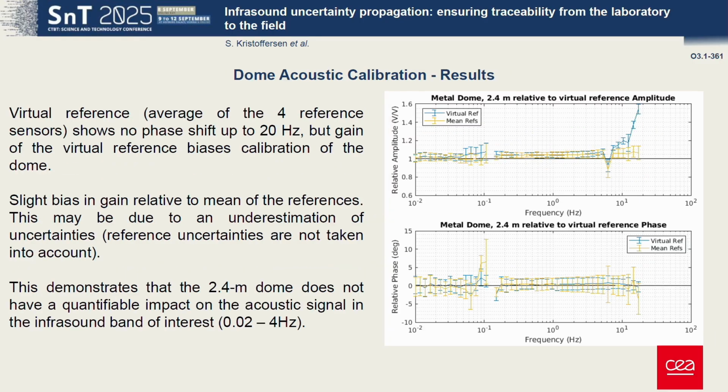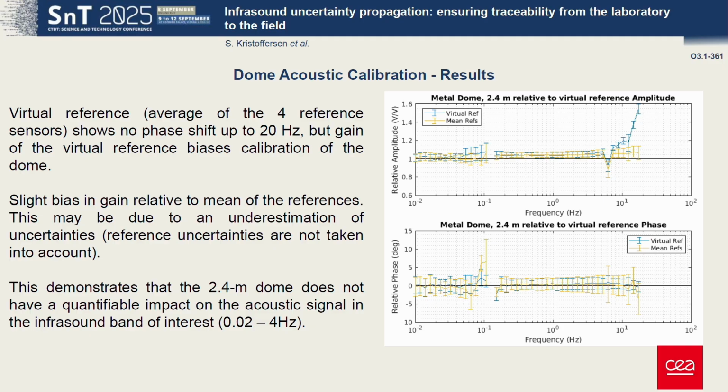The next step was to look at this same dome calibration using the Gabrielson method in the field. We had a dome out in the field somewhere in France, and we let it run for several weeks to generate enough signal to perform the calibration, I think it was 8 days worth of data.